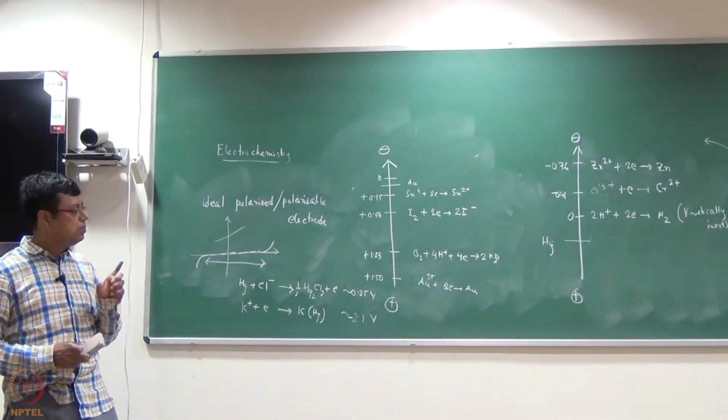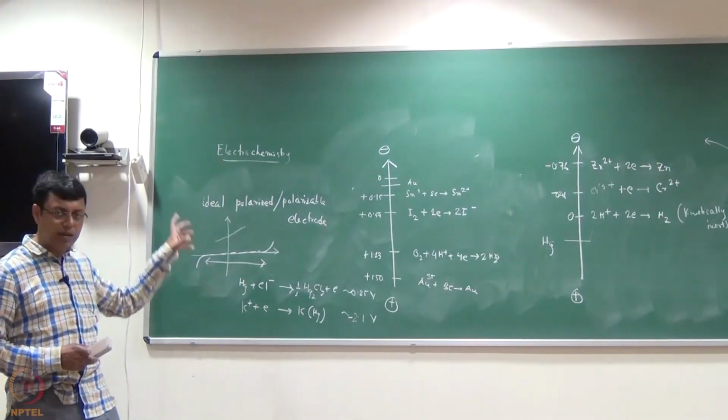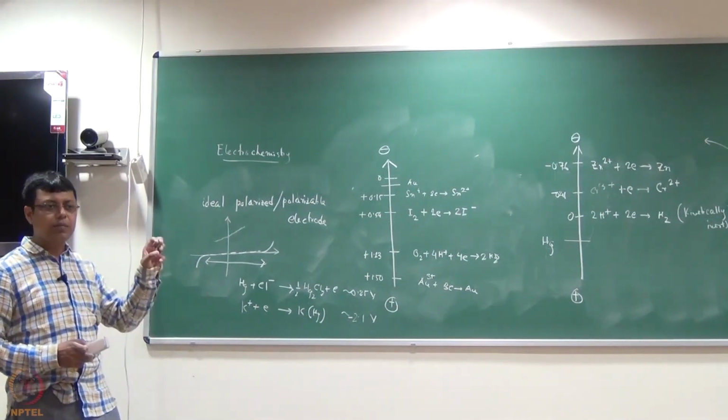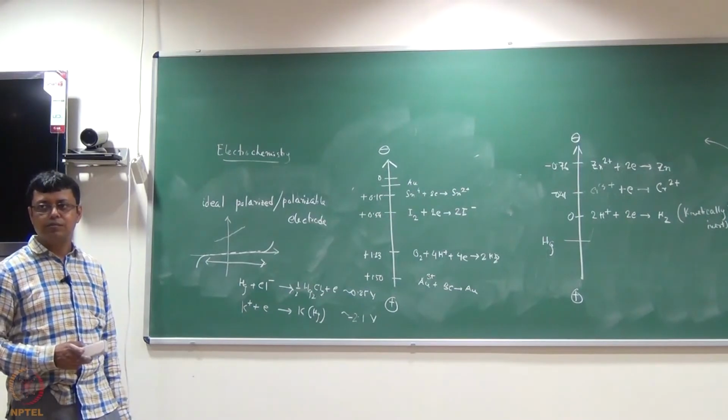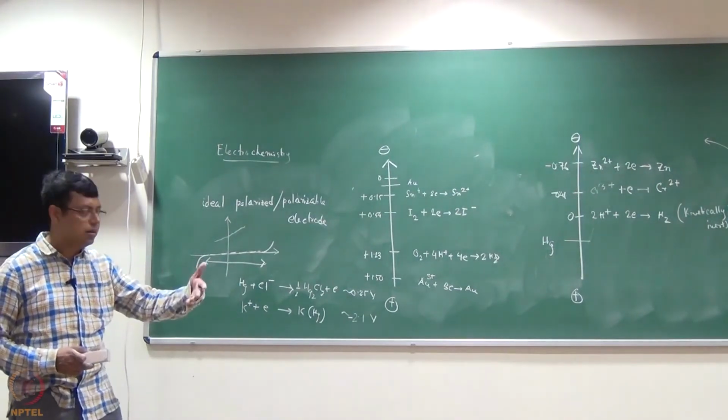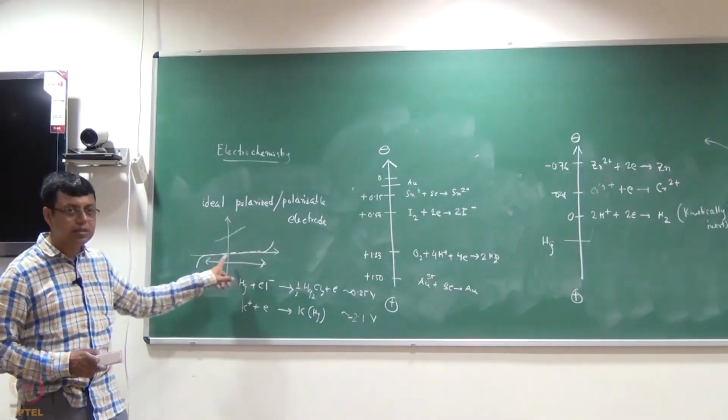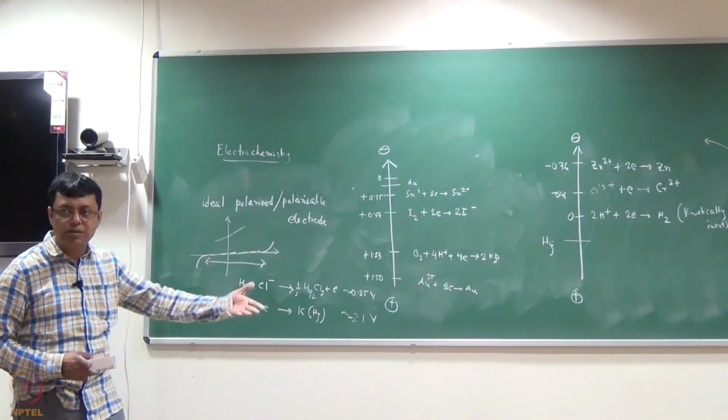Which means the interface is not simple, like a charge is coming and then just giving its electron. There are also other steps, and all these steps are happening during this time, but no electron transfer is happening.